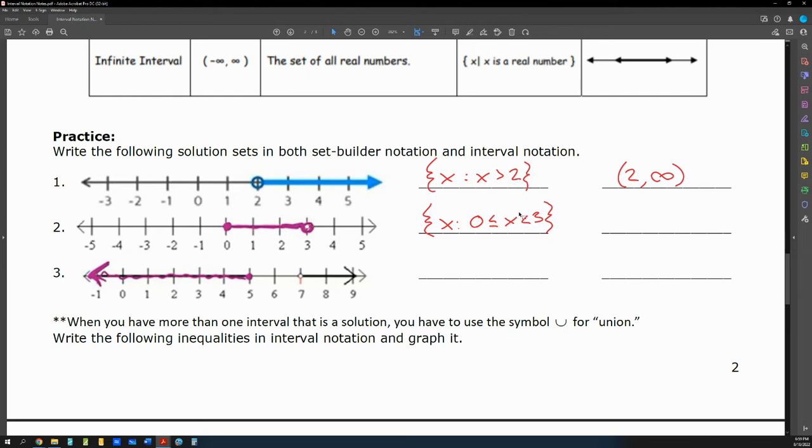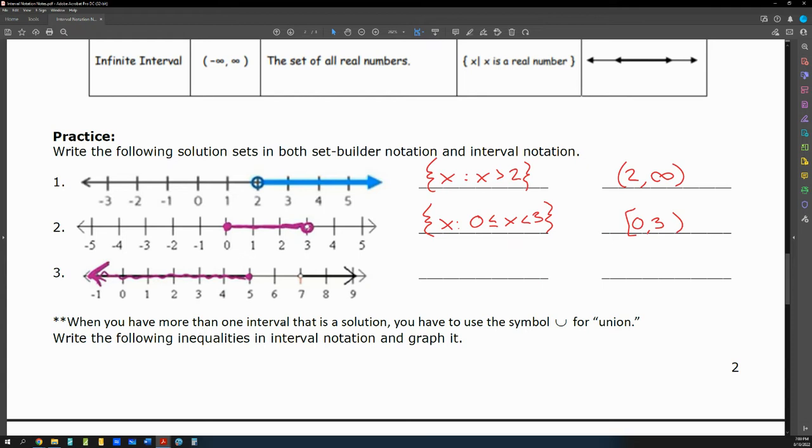And then if it's an open circle, you do not have that or equal to. Using interval notation, we know that both the left-hand and right-hand bounds are 0 and 3 respectively. And do we want to include both of these? Well, we only want to include 0. So I'm actually going to change that real quick to a square bracket. So this indicates that 0 is included, but 3 is not.